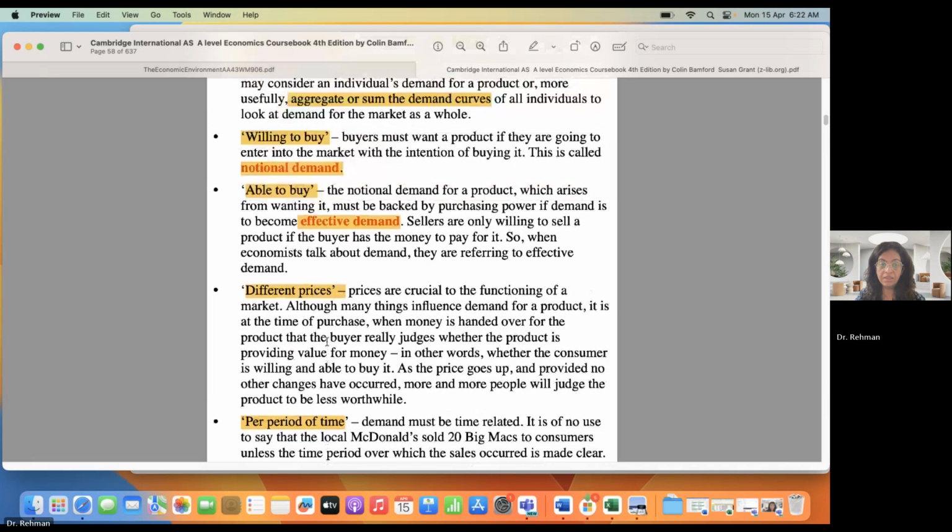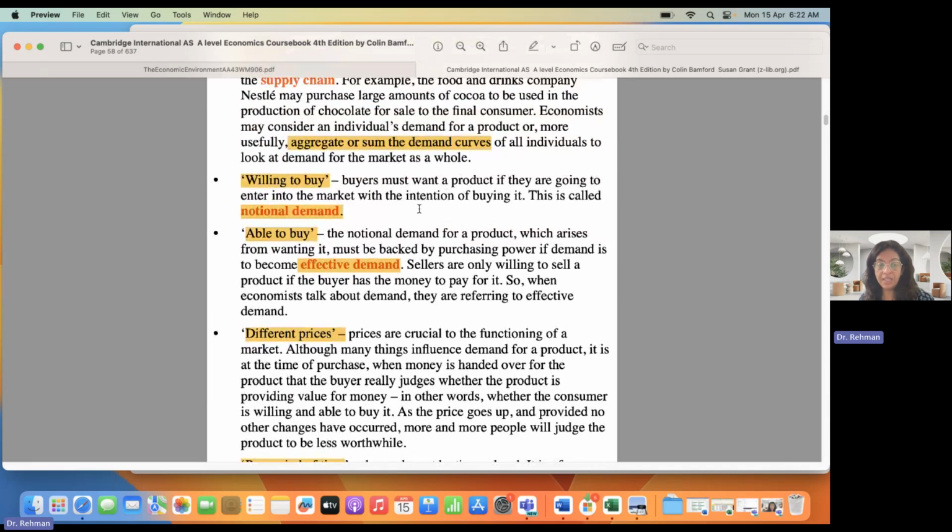Let us understand. There are two words, willing to buy and able to buy. Willing to buy means everybody wants to buy that big bungalow next to the beach, or probably, everybody wants to buy that amazing diamond, or maybe everybody wants to buy an expensive car. But the thing is, how many of us are actually capable of buying it?